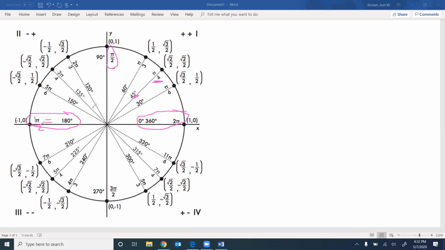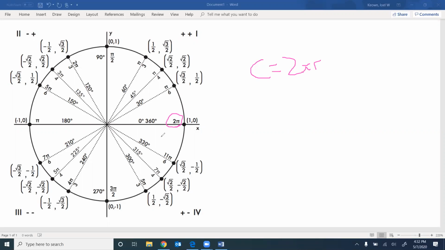So radians is just another way of dividing up my circle. And it actually, in some ways, makes more sense. Think about circumference. Circumference is the distance all the way around the circle. Well, what's the equation for circumference? It's that right there. It's 2 pi times the radius.